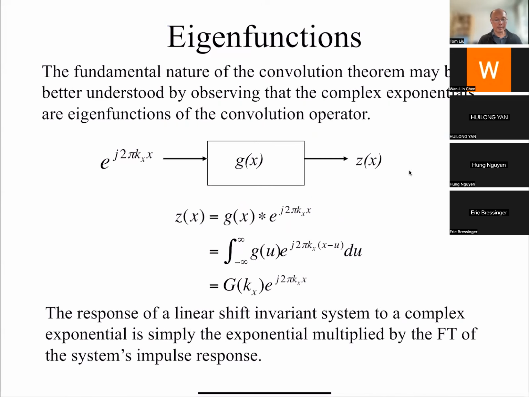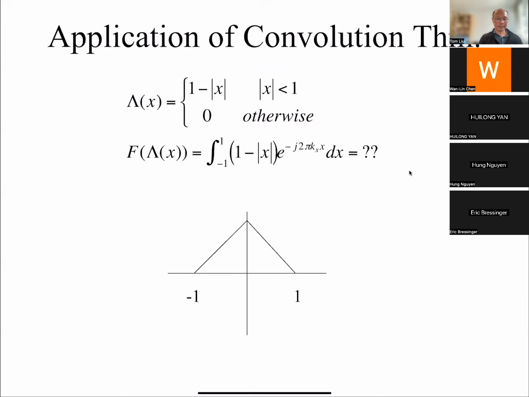And this just turns out to be because complex exponentials are eigenfunctions of the convolution operator. So that just means that anytime you put a complex exponential into a linear time invariant system, the output is just going to be a complex exponential of the same frequency, but different amplitude and different phase, right?